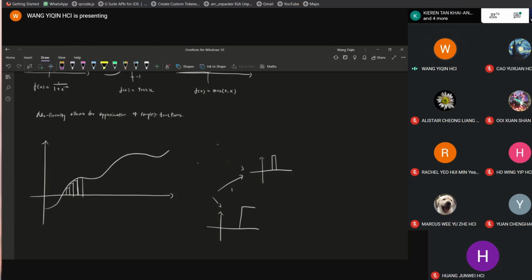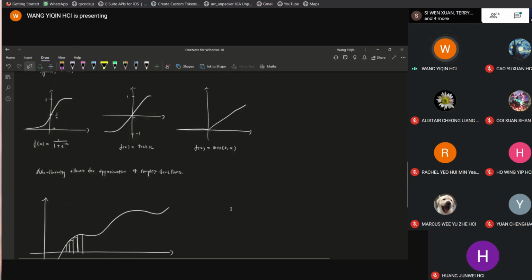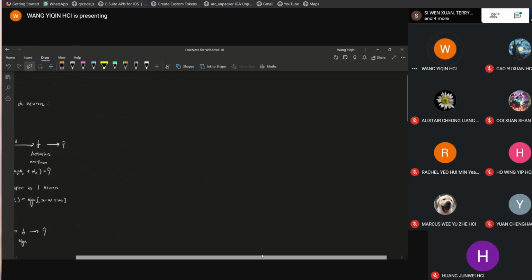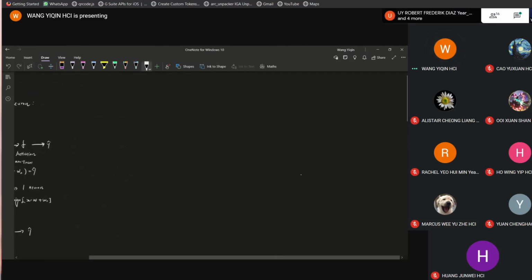And the number of neurons that you use determines how closely your neural network is going to approximate this function. So from here, maybe we can bring in a little bit of the universal approximation theorem. But of course, the proof is also pretty complicated, so we won't be dwelling on the mathematics of this specific theorem.